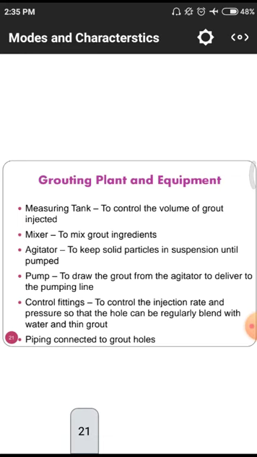Next one is a mixer. Normally, for the purpose of mixing two or three different materials to form a grout gel, we utilize this mixer to mix grout ingredients. In some cases we have to go for a cementitious grout: cement plus sand plus water and some chemical admixtures.